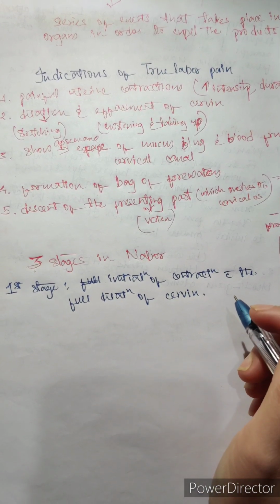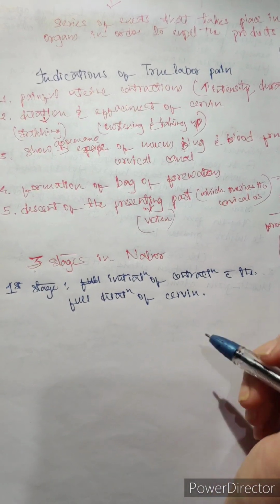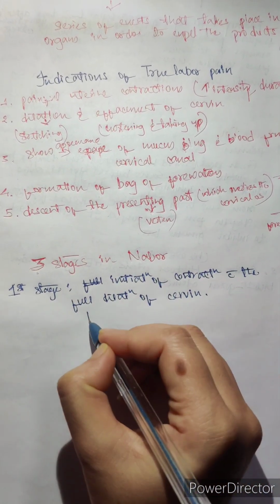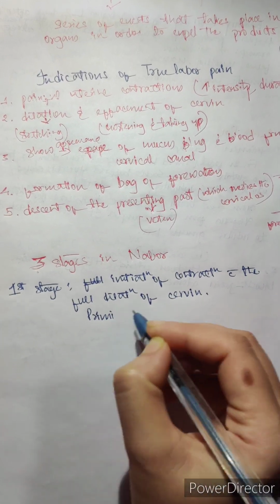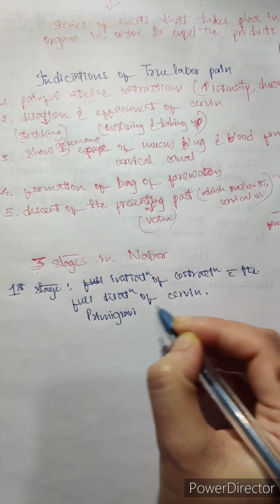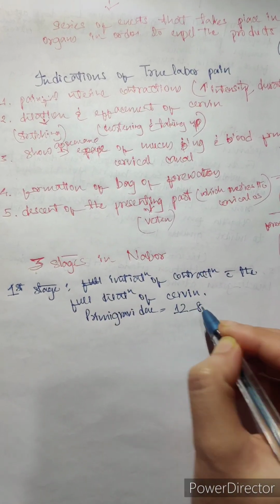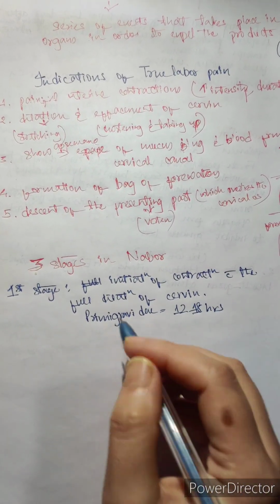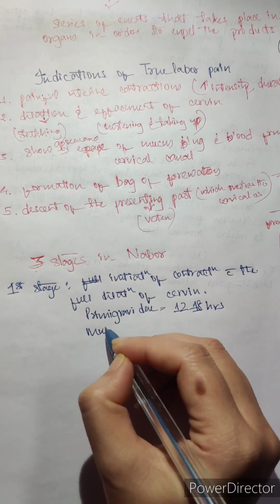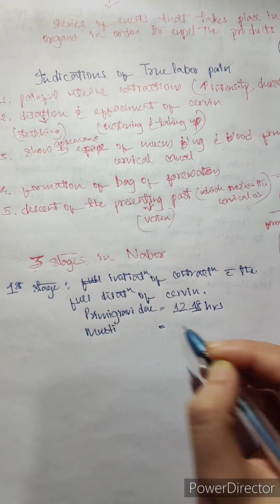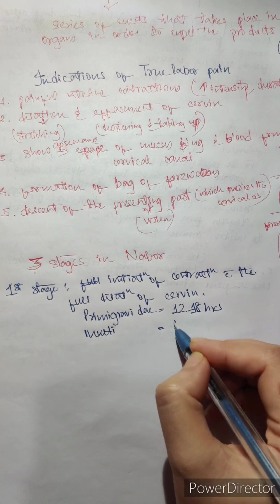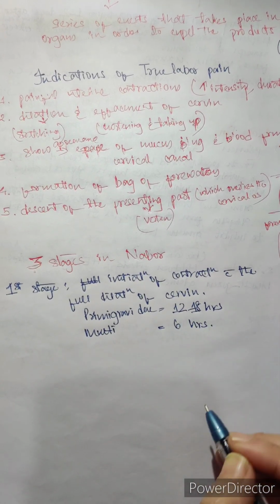The first stage is usually longer in a primipara, primigravida. The average duration is about 12 to 18 hours. And in multigravida it is about 6 hours.